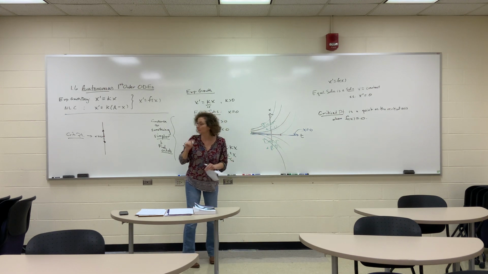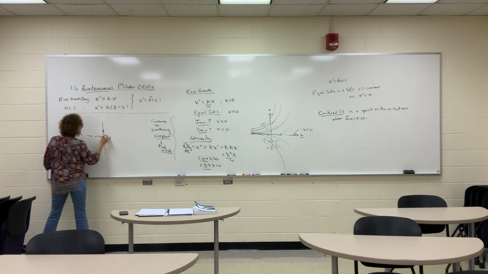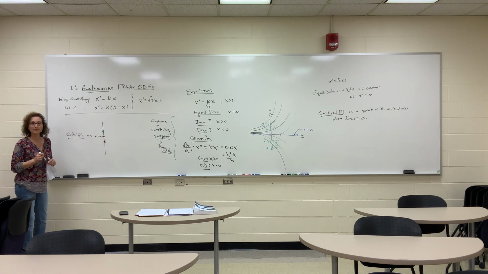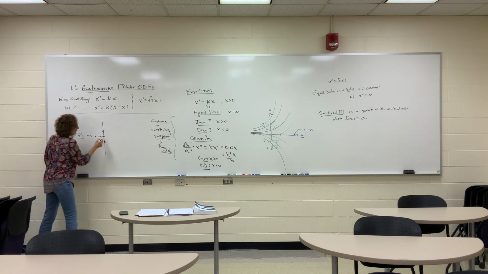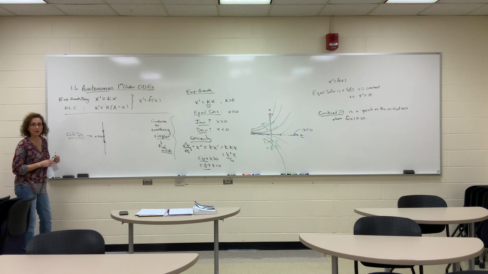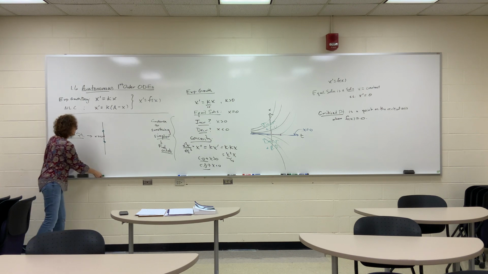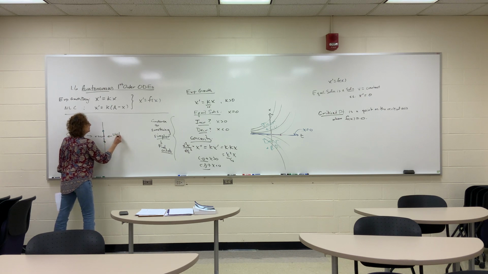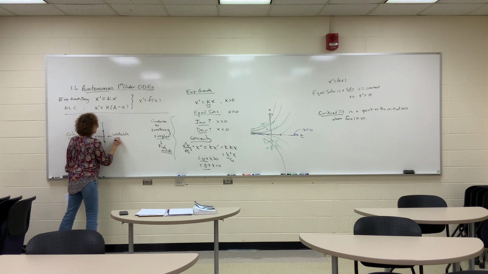It would go away, right? And that's what this is saying. If I start a little bit off of 0 and positive, my solutions are going away. And if I start a little bit off of 0 and negative, then my solutions are going down there. I'm nowhere near 0, right? I don't stay near 0 at all. And that makes this an unstable critical point.